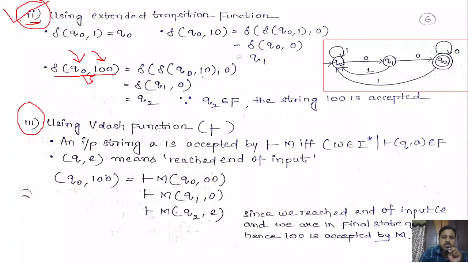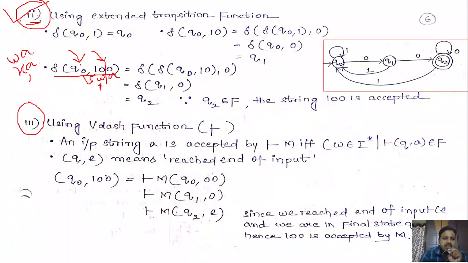I have split it into two parts because in the previous slide I mentioned the string is like wa or xa, so delta of q comma x comma a whole transition. Similarly, 100 you could assume as w, and this 0 as a.